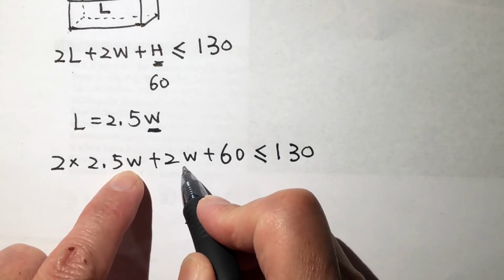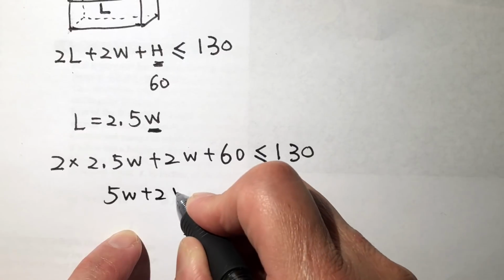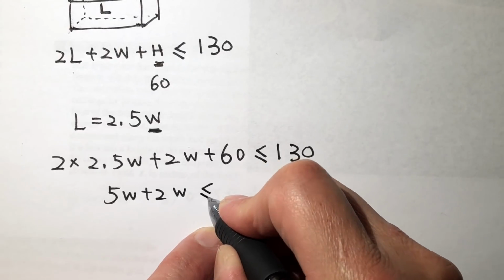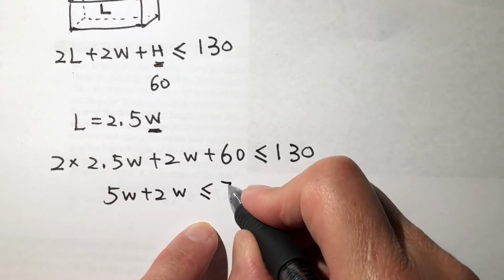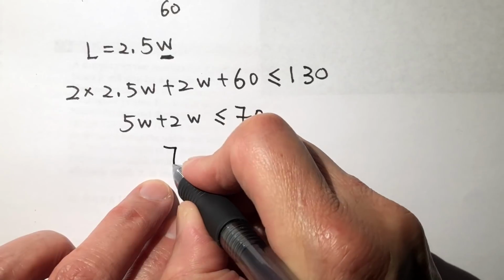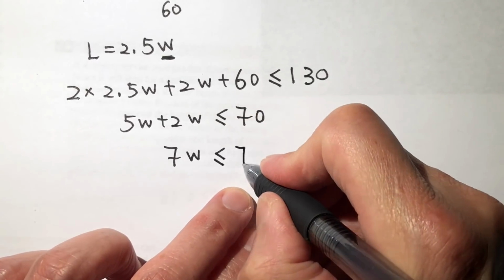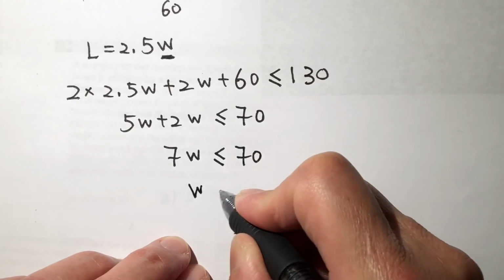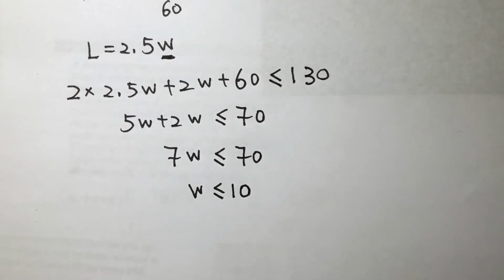So only W here. So it's 5W plus 2W smaller or equal to, move this 60 to this side, becomes 70. Oh, that's easy peasy lemon squeezy. 7W smaller or equal to 70, W smaller or equal to 10, right?